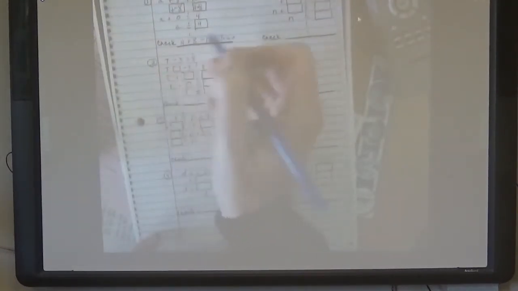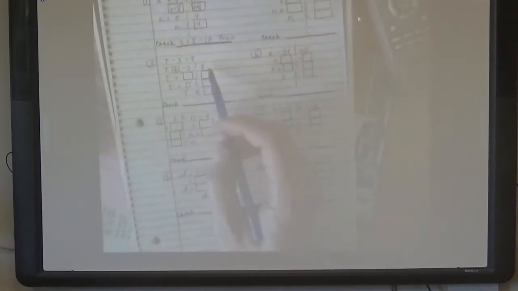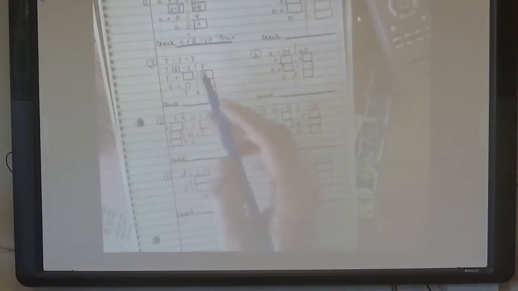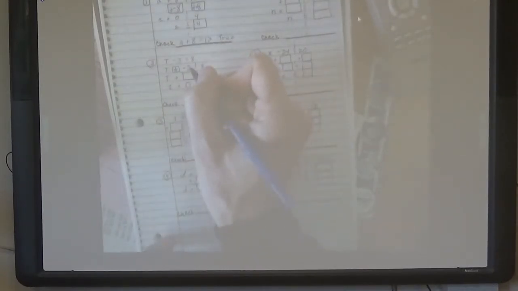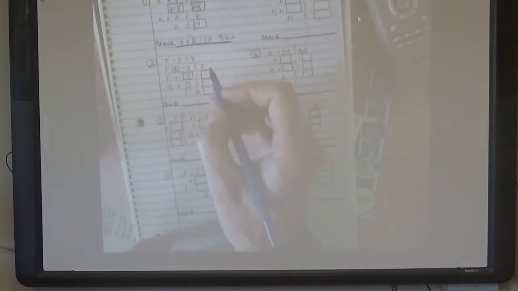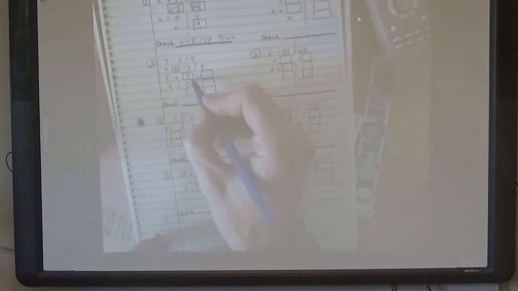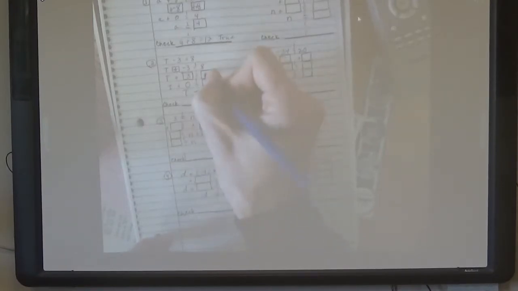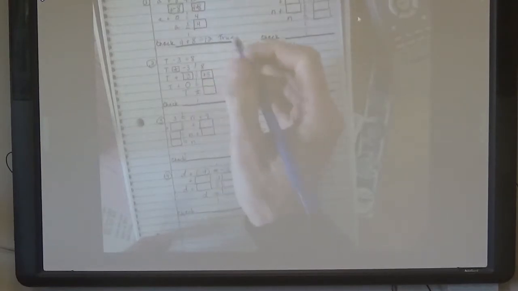Number 2. First, insert a plus sign in front of the minus sign. So that plus sign goes in the first box. t plus negative 3 equals 8. Then t plus 3. So we're adding 3 to the side with the variable, and then add 3 to the other side.